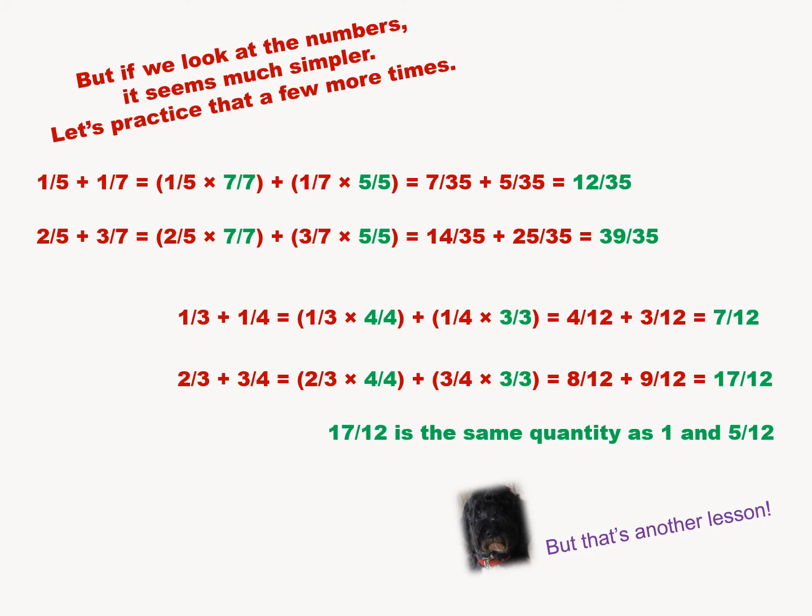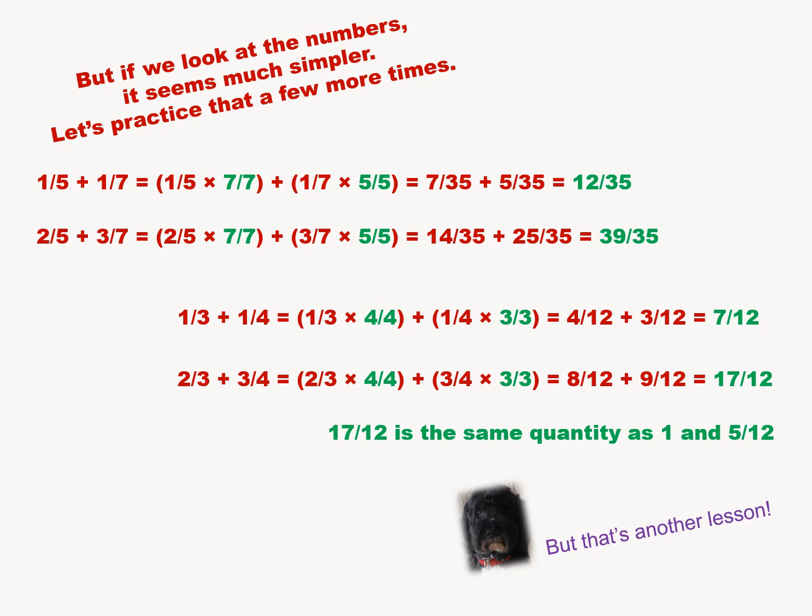We'll multiply 3/7 by 5/5 and find an equivalent fraction, 15/35. Now we're adding fractions that share a common denominator, and the result is 29/35.